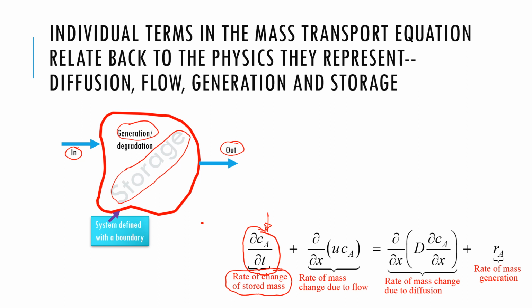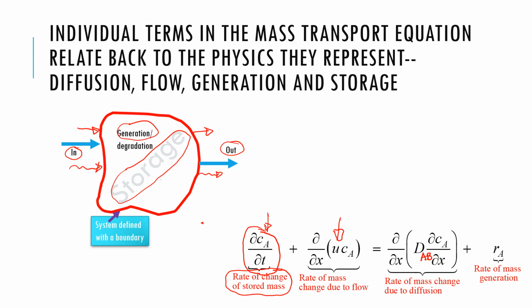The second term has the velocity, which means it has to do with flow. It's how much stuff is flowing in and flowing out. What is the net rate of mass change due to just flow? Likewise, the third term, and I should put a diffusivity of A in B, has to do with how much is the net amount diffusing in.